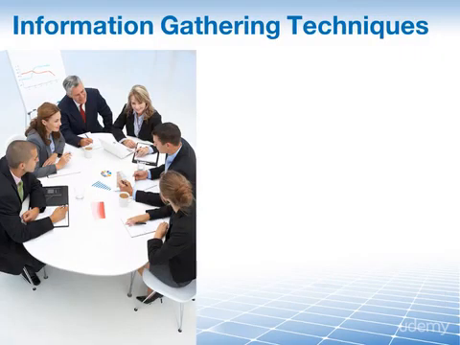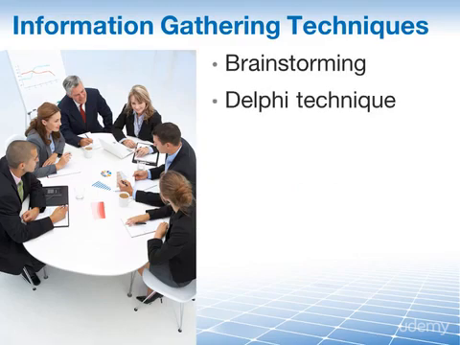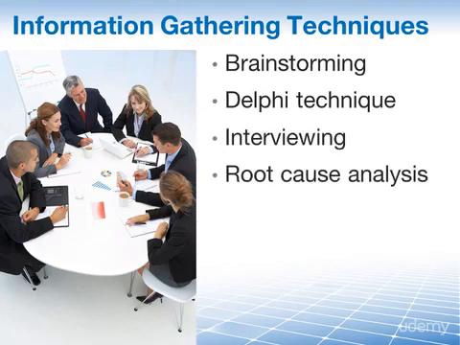Under the headline of information gathering techniques, we understand techniques such as brainstorming, the Delphi technique, interviewing, and root cause analysis. Let's start with the first one you've probably heard of before, brainstorming.